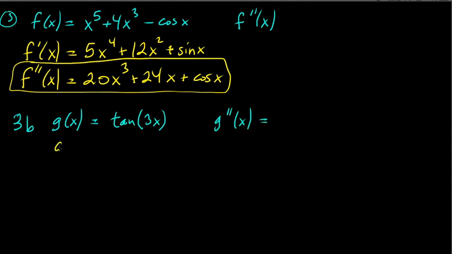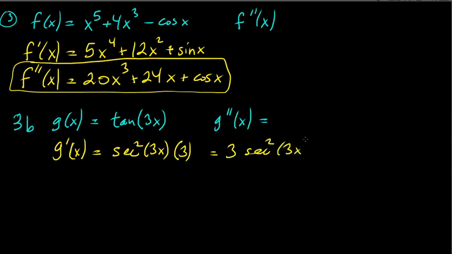So to find the first derivative, well, we know the derivative of tangent is secant squared. And then don't forget the chain rule. We have to multiply by the derivative of 3x, which is just 3. And so maybe we should bring the 3 in front, because it is just a constant. Right. And now we need the derivative again.